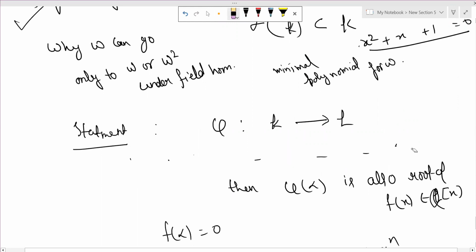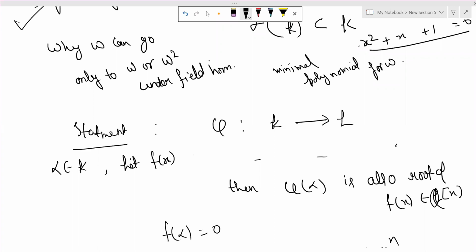Let alpha belong to K. Let f(x) belonging to Q[x] be the minimal polynomial for alpha, or any polynomial which has alpha as a root.